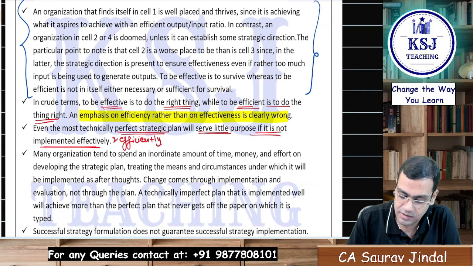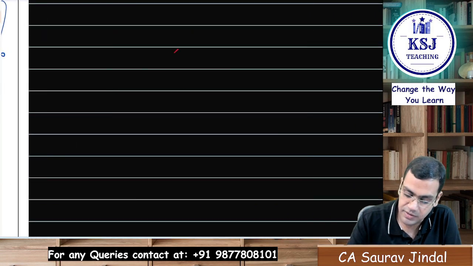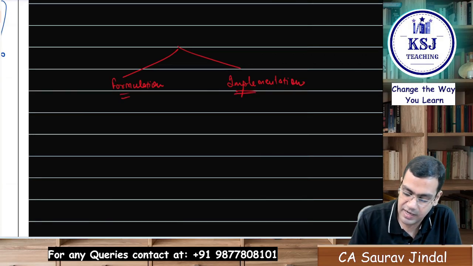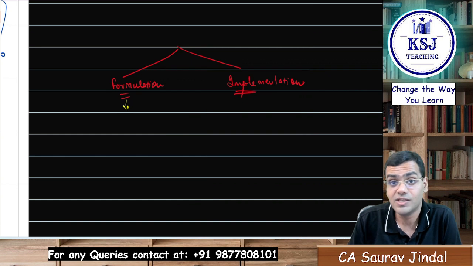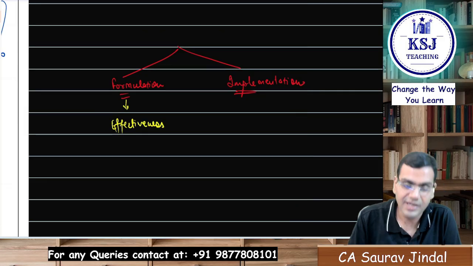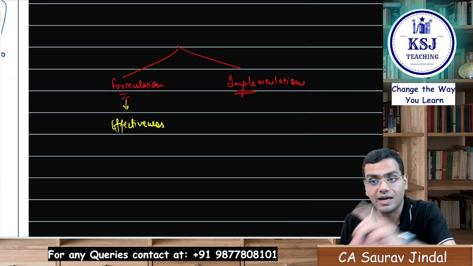So when we talk about strategy, we are talking about two things: formulation and implementation. Formulation is related to what? Effectiveness or efficiency? It is related to effectiveness, because formulation is about what are the right things to be done.